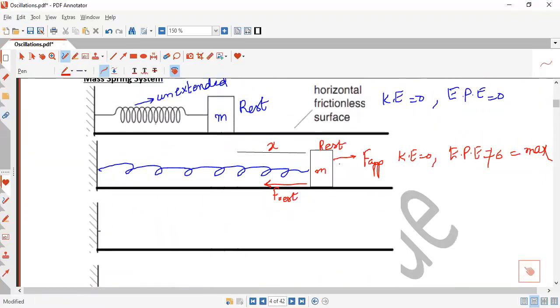Okay, so now let's say the mass M is now released. So where will it start moving, left or right? Left. Definitely left, towards the restoring force, right?